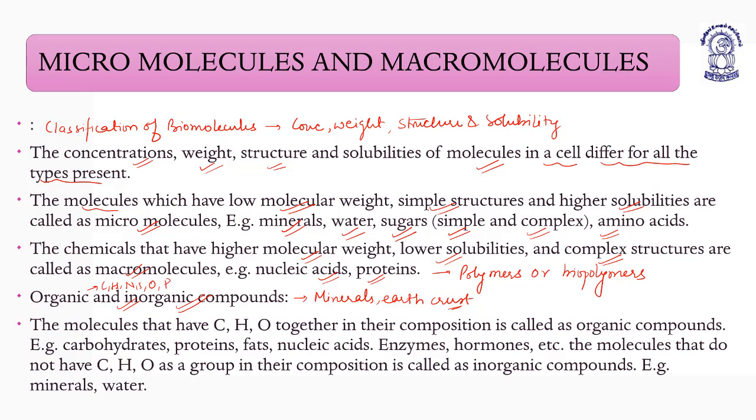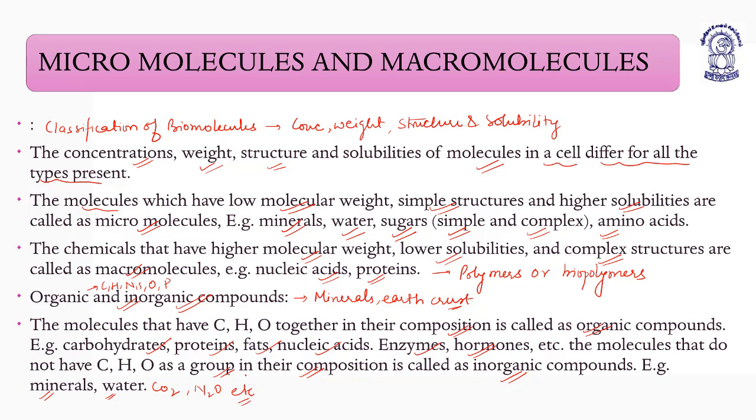The molecules that have carbon, hydrogen, oxygen together in their composition are called organic compounds, like carbohydrates, proteins, fats, nucleic acids, enzymes, hormones, etc. The molecules that do not have carbon, hydrogen, oxygen as a group in their composition are called inorganic compounds, like minerals, water, CO2, N2O, etc.